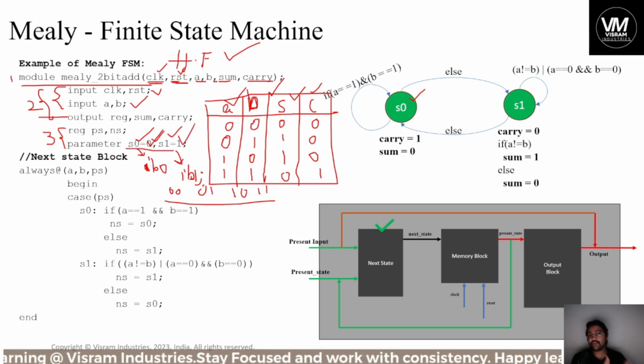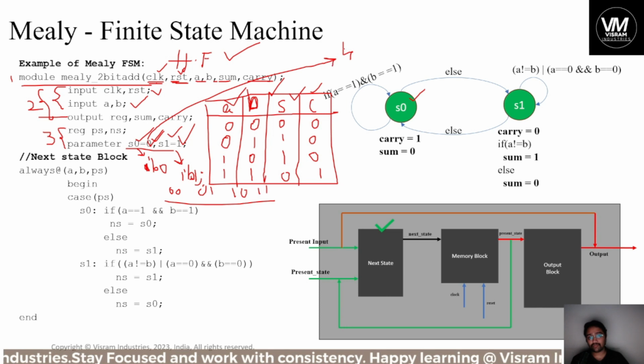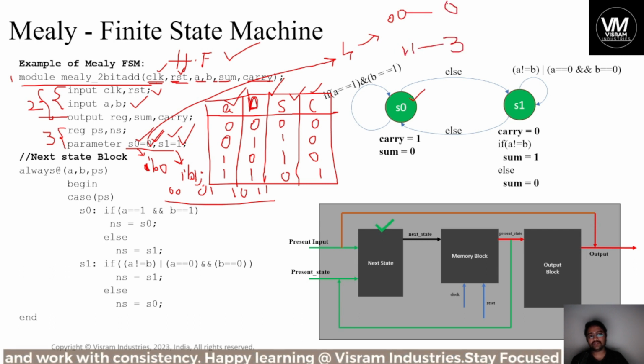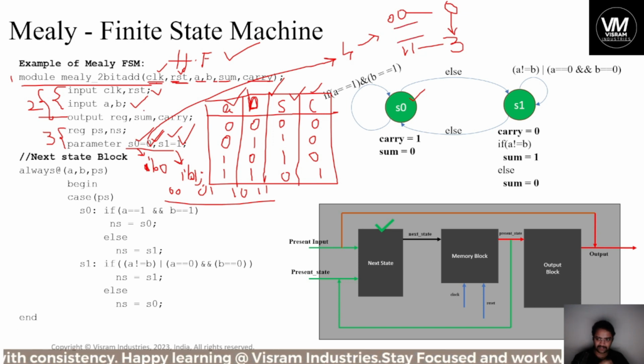When we have 4 states, you should take 4 values, starting from 0,0 to 1,1, that is 0 to 3. Okay, that is what we are doing.